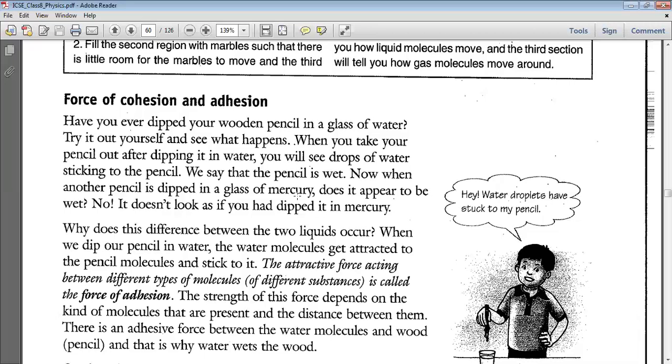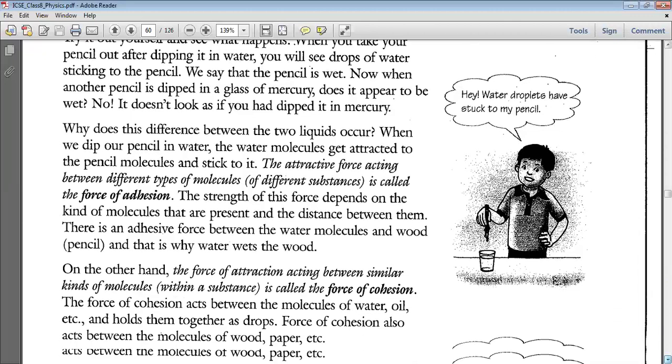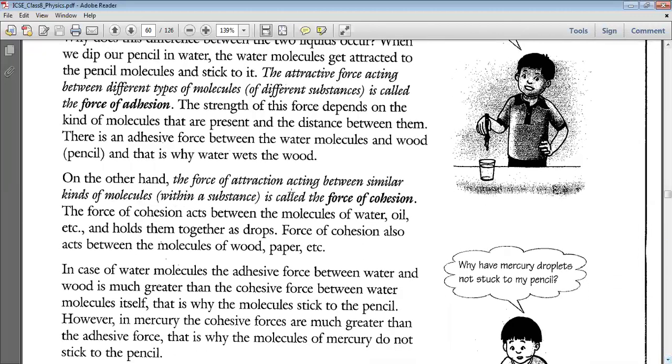Here, the adhesive force between water molecules and the wood is greater than the cohesive force among the water molecules. But in the case of mercury, the force of cohesion is quite greater than the force of adhesion between mercury and the wood.